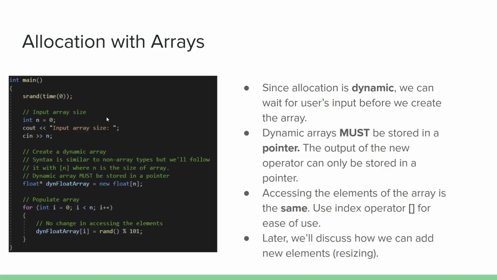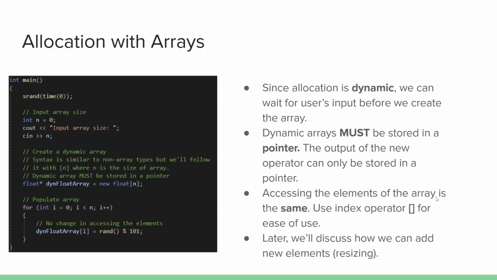Allocation with arrays. Since allocation is dynamic, we can wait for the user's input before we create the array. The dynamic array must be stored in a pointer. The output of the new operator can only be stored in a pointer. You can't put it anywhere else.